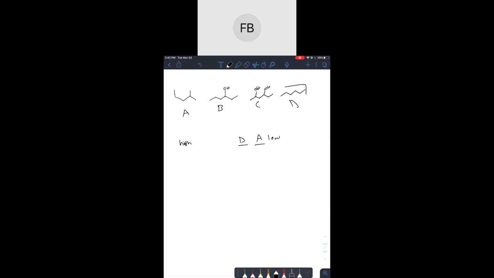But between B and C, OH bonding is really important in making the boiling point higher, because it can stick to the waters and it's less likely to break apart.